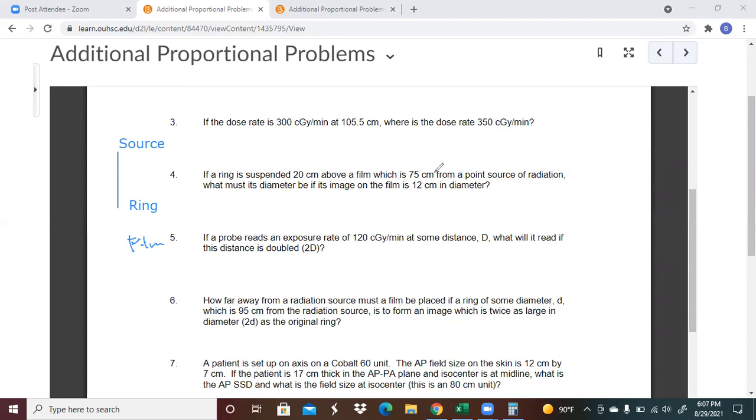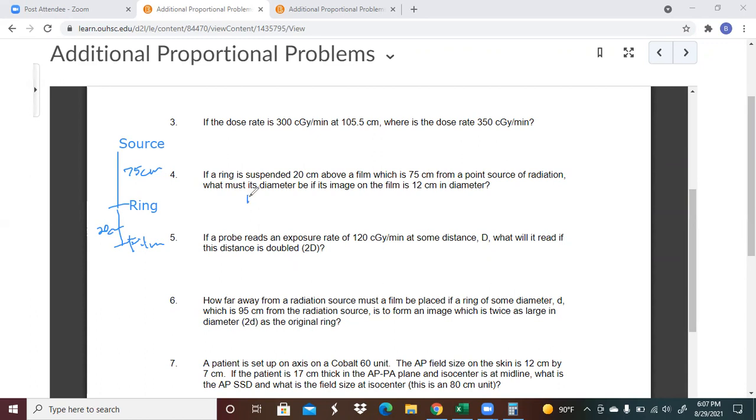The ring is going to be suspended 20 cm from the film. What this is trying to tell you is that the ring is 75 cm from the source. Here to here is another 20 cm. So we know that the ring is suspended 20 centimeters above the film. That ring is 75 centimeters from the source. What is the diameter if on the film it appears to be 12 cm?